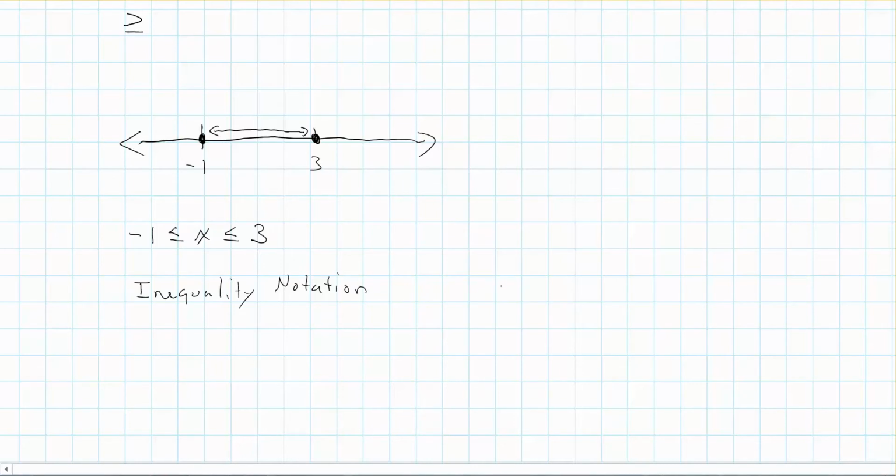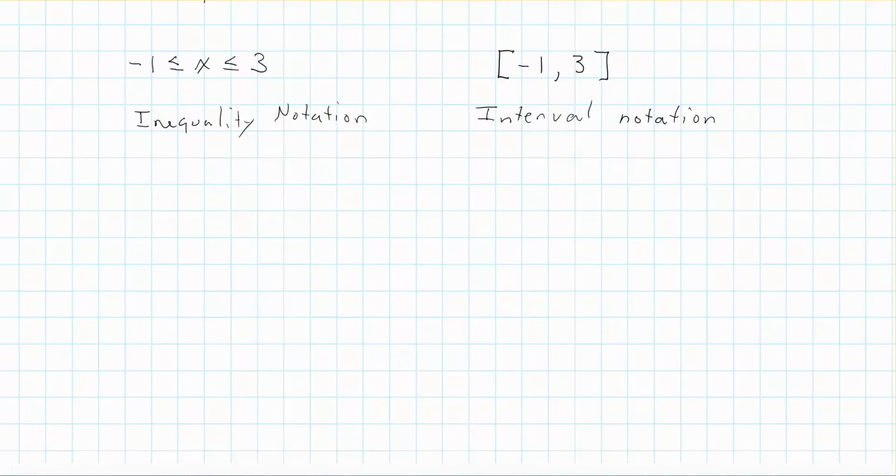Another way we can write this is something using interval notation. An interval notation would simply be, well, in this case, what are the endpoints? The endpoints are -1, comma, 3, and I would put square brackets around them. The square brackets indicate that we include the points and that we have the point -1 included and also the point 3 included.